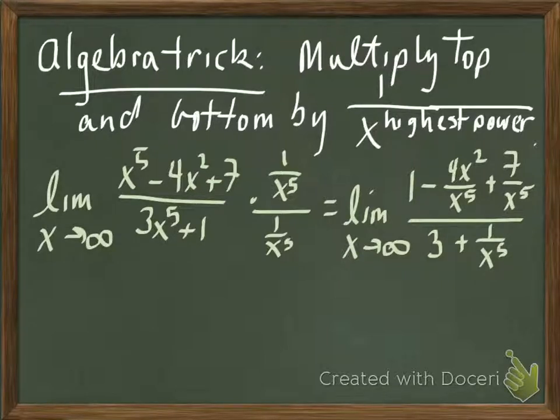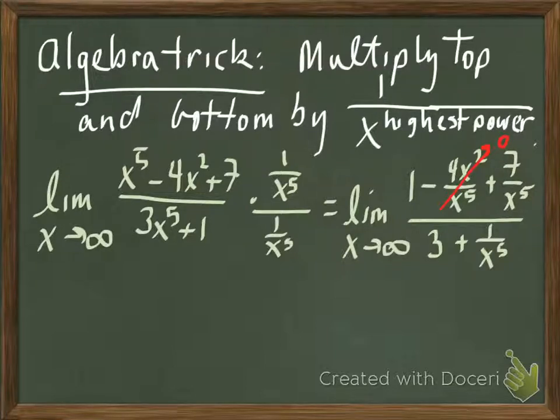Now, let's think about what is happening to these terms as x gets really big. Well, 1 and 3 don't have x's in them, so they're not going to go anywhere. But how about that negative 4x squared over x to the fifth? As x gets really big, x to the fifth is going to get bigger much faster than x squared. So that expression is going to go to 0.